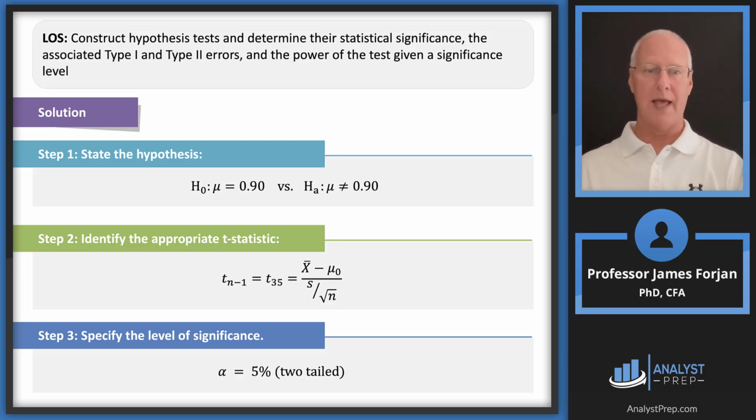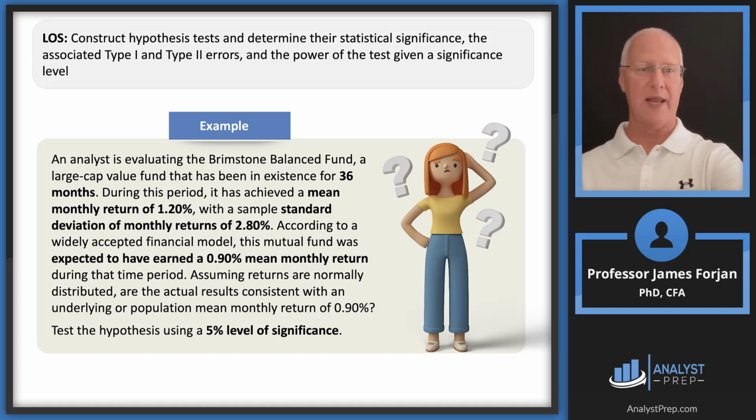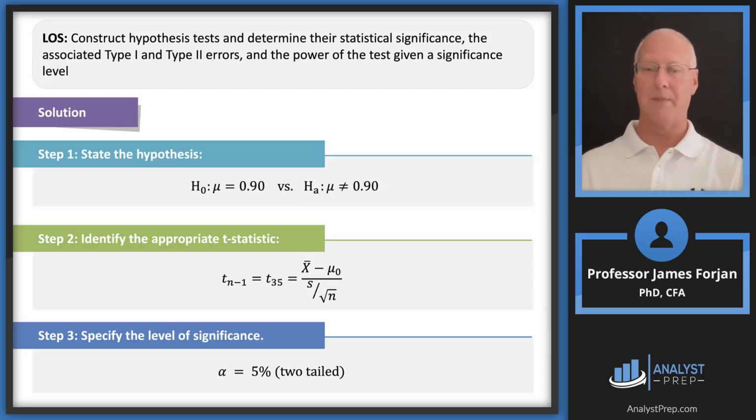We're going to identify the appropriate test statistic. It's going to be t because the standard deviation of monthly returns is 2.8%, so we probably don't know the population standard deviation. We're going to use the sample there in the denominator.